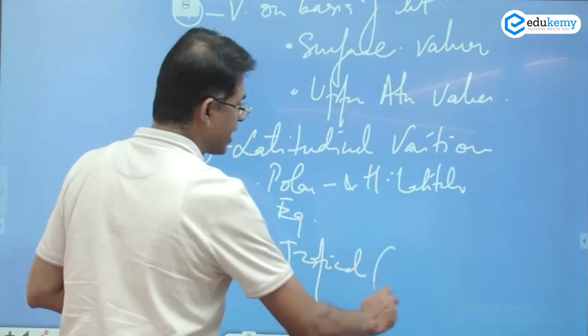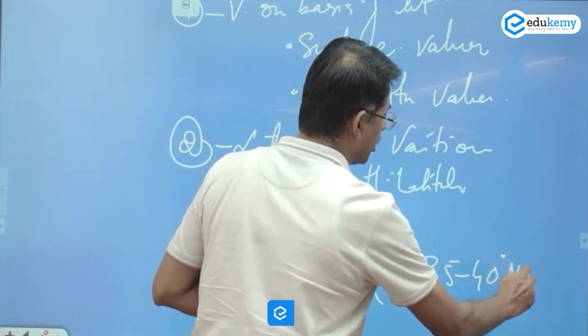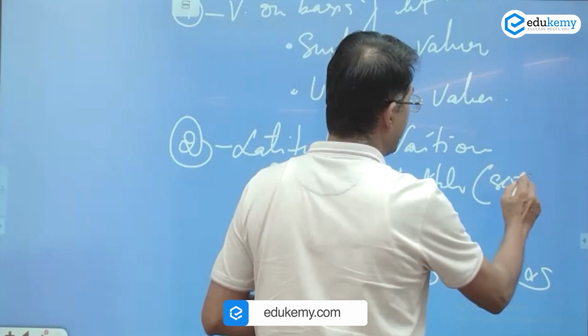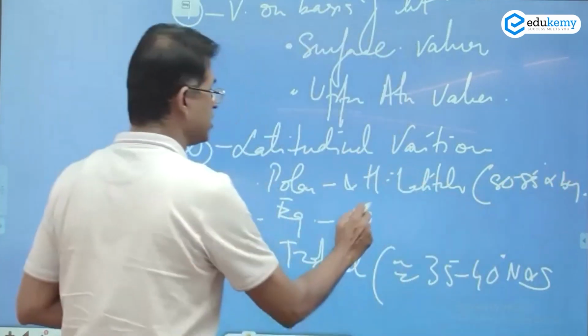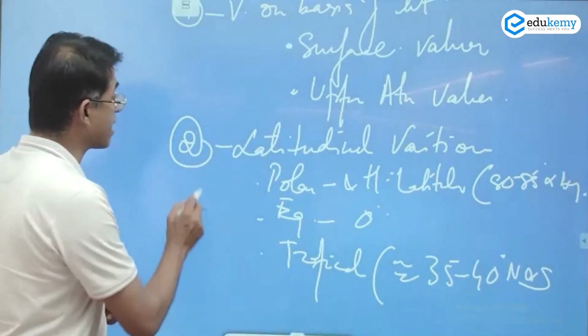Tropical areas, approximately 35 to 40 degrees, north and south. Polar regions, 80, 85 degrees and beyond. And equatorial regions, 0 degrees. We have latitudinal variations of insolation and radiation.